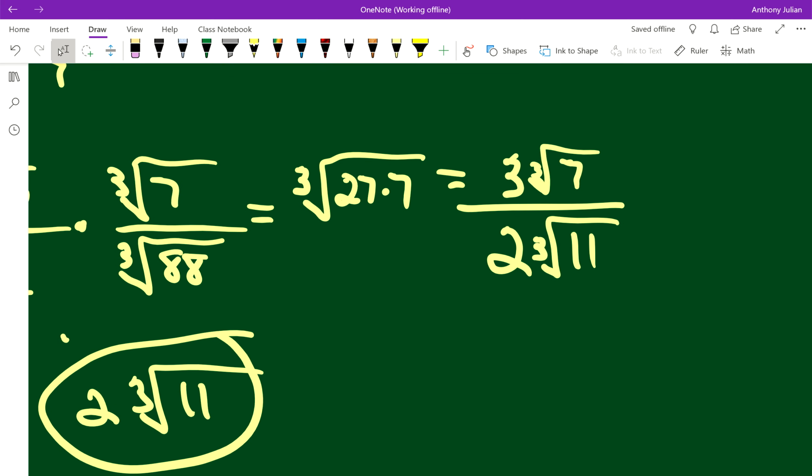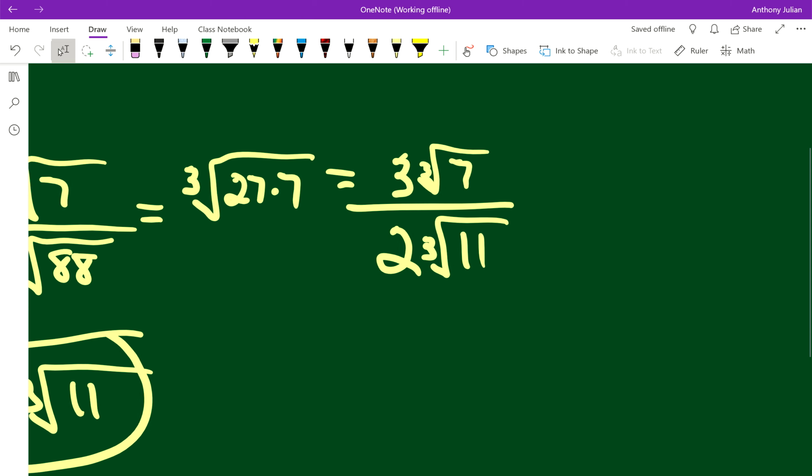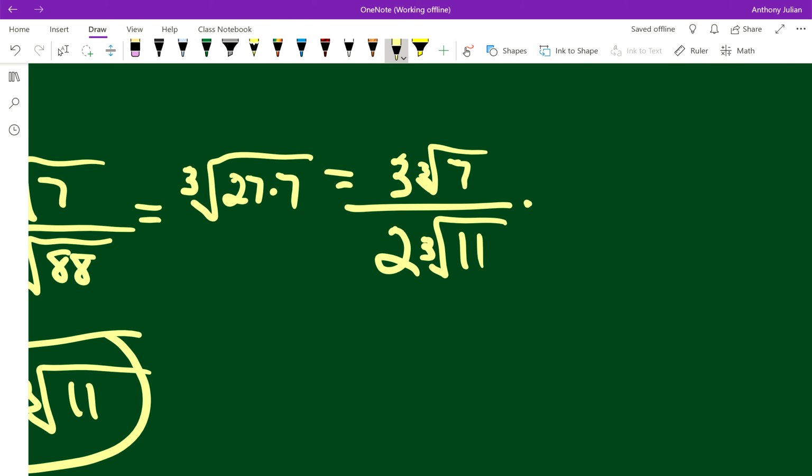And now from here, it looks like I have to rationalize this denominator, and that's what we didn't do in class. So if I'm going to rationalize this denominator, then that means I'm going to have to multiply top and bottom by, let's see, this is just a single root of 11. The 3 over 2 can stay, and then I'm going to multiply the top.